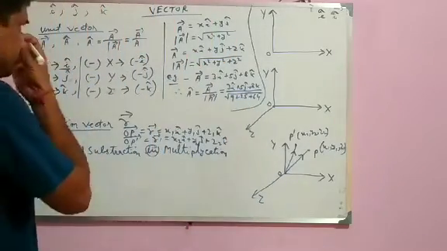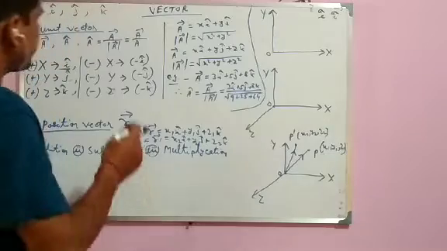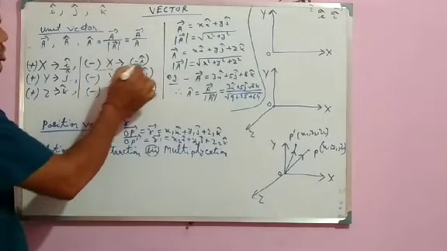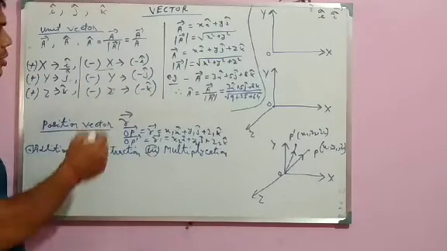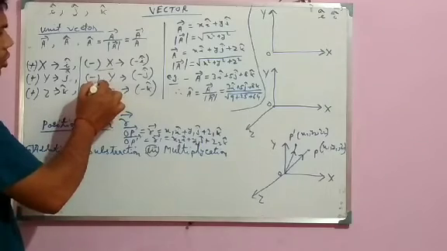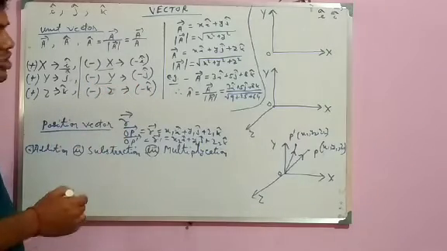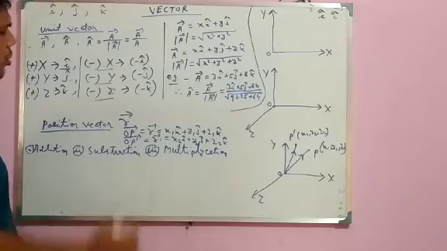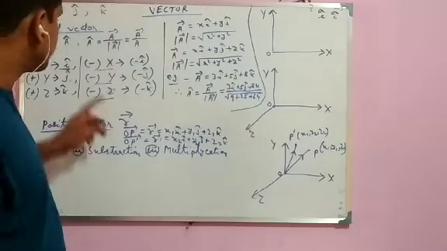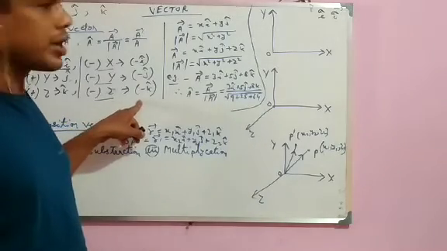Now similarly, the unit vector along negative x-axis is denoted by minus I hat. The unit vector along negative y-axis is denoted by minus j hat, and the unit vector along negative z-axis is denoted by minus k hat.